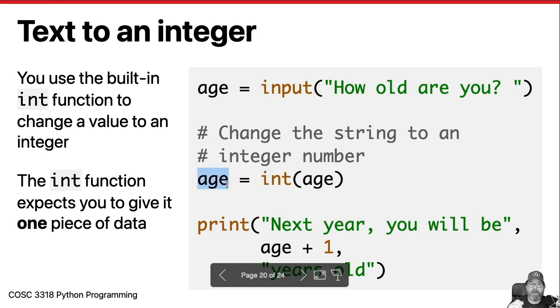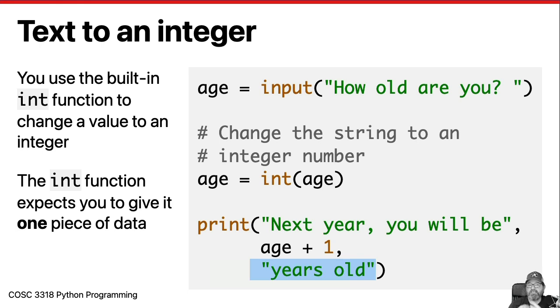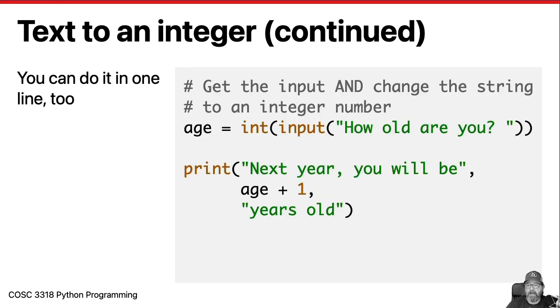So now we have a proper number, 23, no quotation marks, just 23. And then we can do, next year you will be 23 plus 1, 24 years old. And so that's how we change our input from strings to numbers, or to integers, whole numbers, by using that int function.